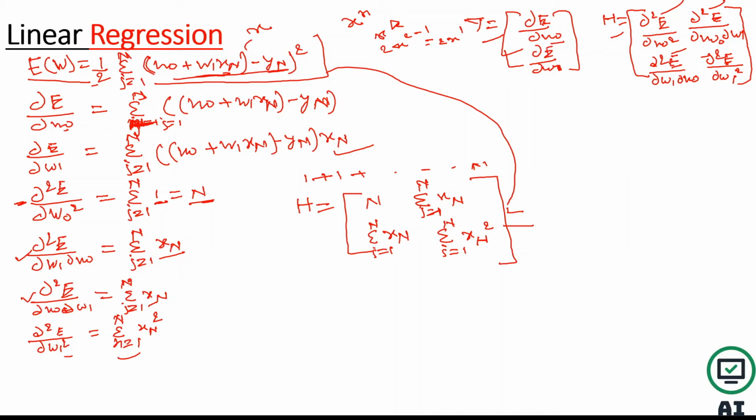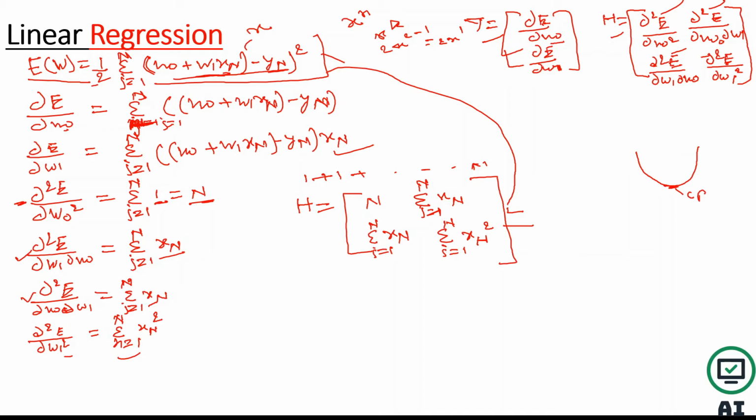So if somehow I prove this, then I can say that this error function is a convex function and it is taking the shape of this one. At this point it will have a critical or stationary point, and that will be the minimum point, where the function achieves its minimum value. How to find out whether a matrix is positive definite, that I have also explained.